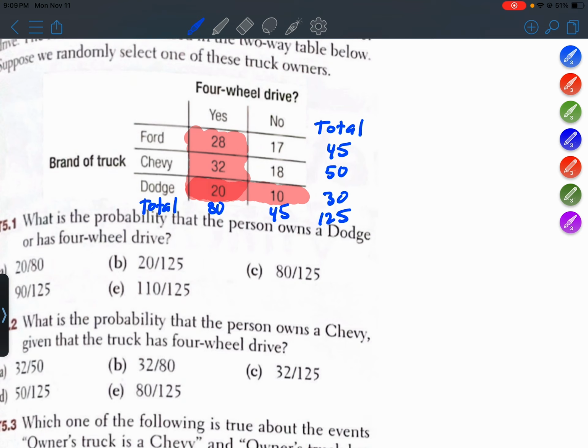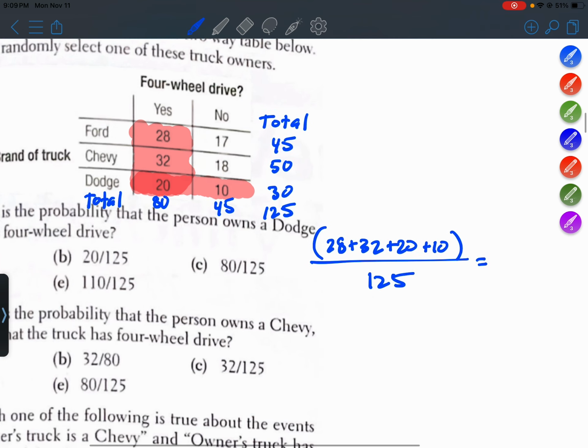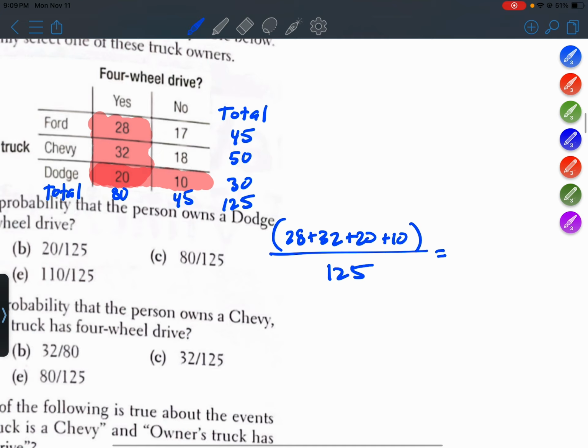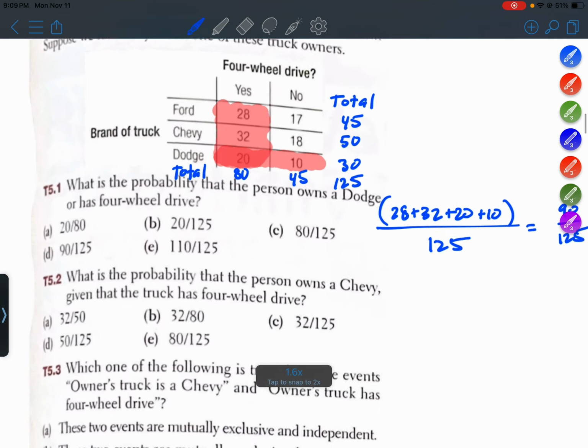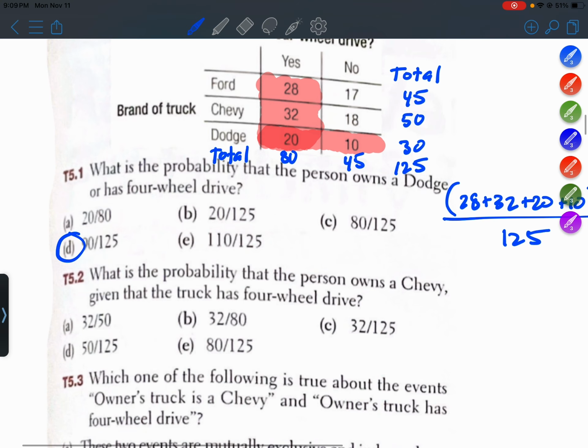So 28 plus 32 plus 20 plus 10. That represents all the people who own a Dodge or have four-wheel drive, out of the 125 total people. That numerator is 90 out of 125, and that matches choice D.